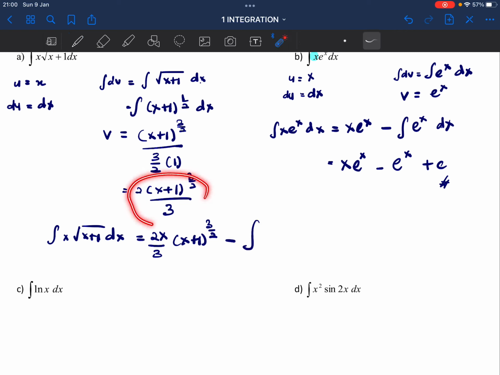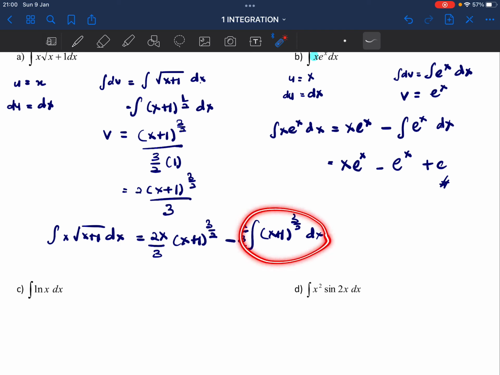So here darab dengan this one. Okay, so 2 over 3, we can take out the constant terus. So x plus 1 3 over 2 dx. Okay, so this part here is already solved, done. You don't need to change anything, so biarkan sahaja.